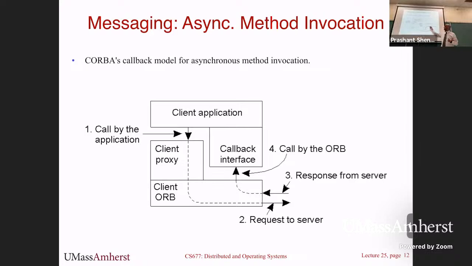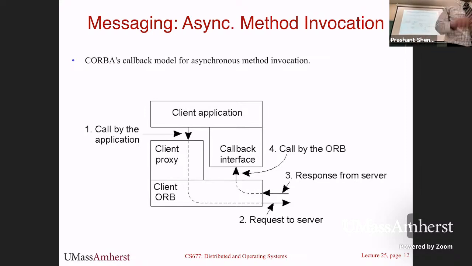In this case, there's a callback interface that the client has registered. When the reply eventually comes, because it's asynchronous, you go to the callback interface, you make a call here, and then the application is notified. So the callback is a way to notify the application that the reply to your asynchronous RPC has arrived.